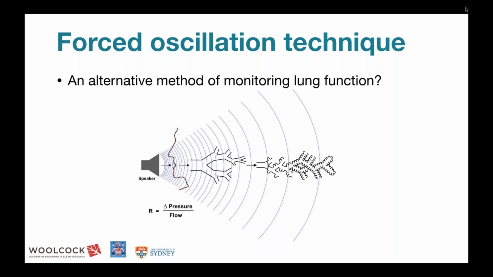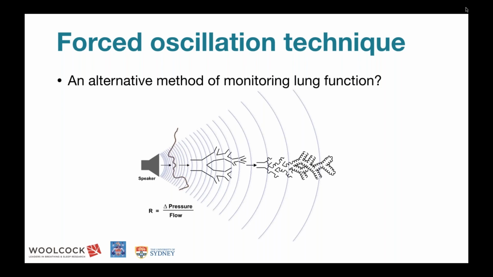The forced oscillation technique is a way of measuring the mechanics of the lung, but it's done under tidal breathing conditions in most situations. And it's done by using a pressure oscillation, usually generated by a loudspeaker, but they can be generated by all manner of mechanical devices, applying it at the airway opening and superimposing it onto tidal breathing.